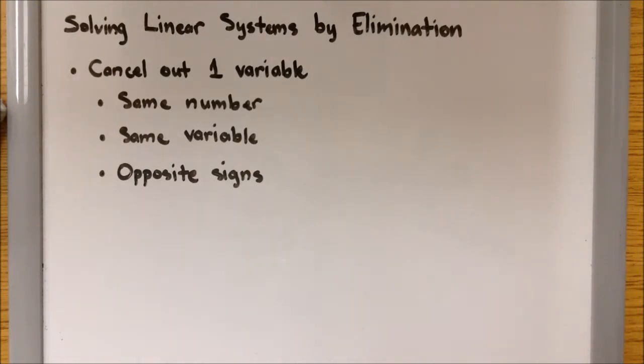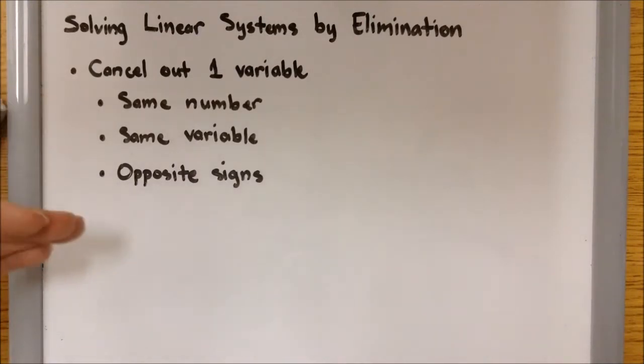With variables, if you were to combine with 3x, the opposite would be -3x. If you were to combine with -10m, then the opposite would be +10m. So that's the point of elimination. You cancel out one variable in order to solve for the other one.